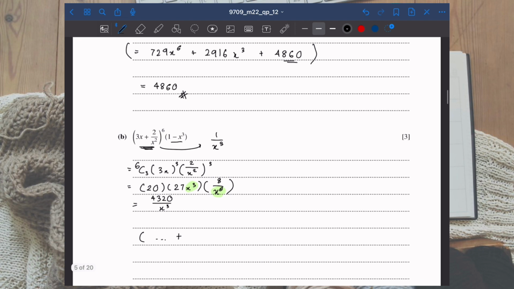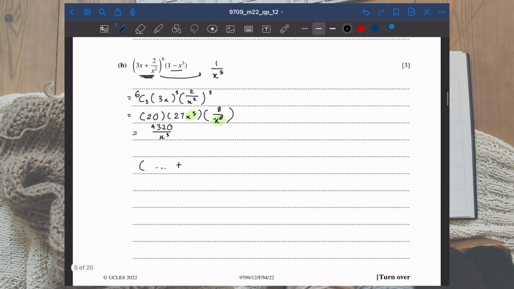All right, so rewrite the binomial like this. Our previous term independent of x was 4860, so you write that back, plus 4320 over x³. You don't need to show the other terms. We're not interested in the other terms.